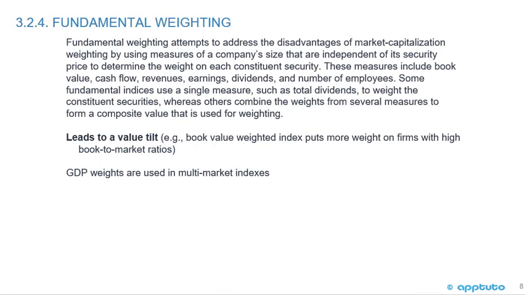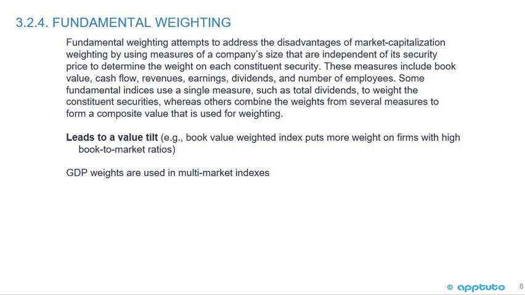Fundamental weighting. Fundamental weighting attempts to address the disadvantages of market capitalization weighting by using measures of a company's size that are independent of its security price to determine the weight on each constituent security. These measures include book value, cash flow, revenues, earnings, dividends, and number of employees.